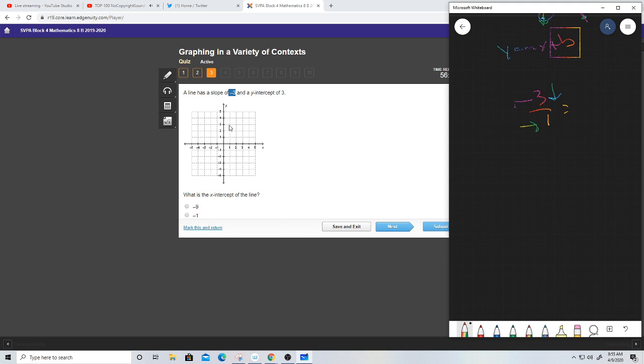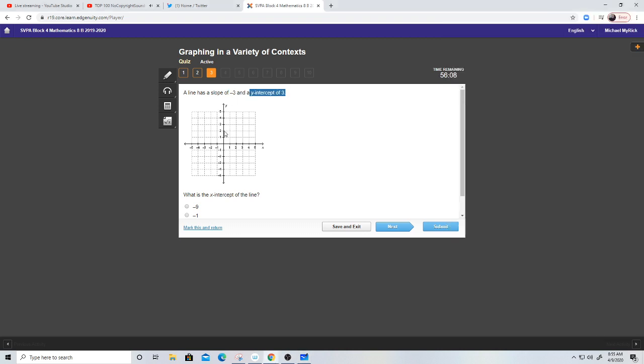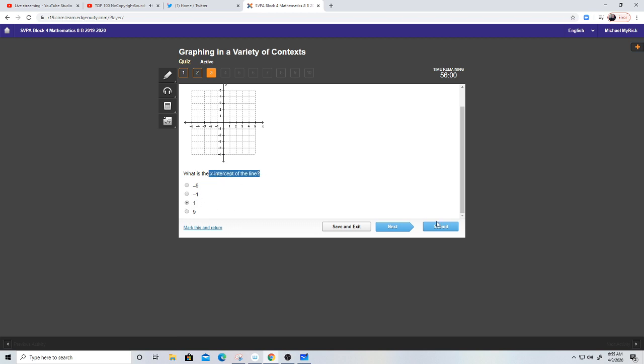So from here, we're going to go right 1, down 3, and look where we hit. We hit 1, 0, okay? Once again, y-intercept of 3, so it's here. We're going to go right 1, down 3. It hits right here at 1. So the x-intercept is 1.